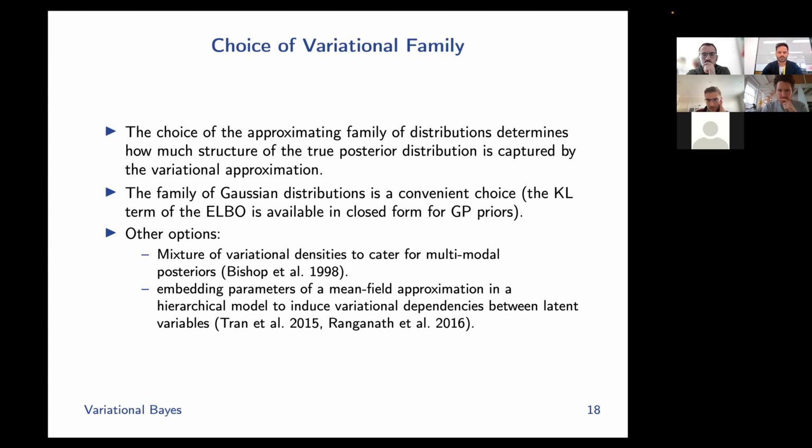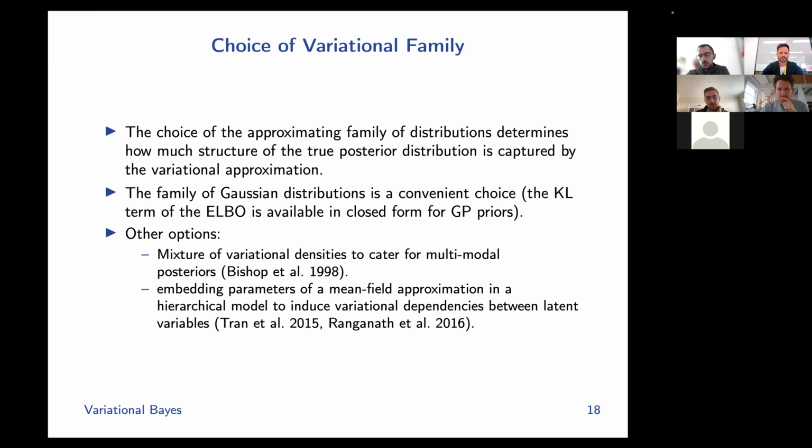What most people do is they usually choose Gaussian distributions because it is convenient, and so do we. We experiment with how we parametrize our Gaussian distribution. Just mentioning it for completeness, there are a few other things one can do.